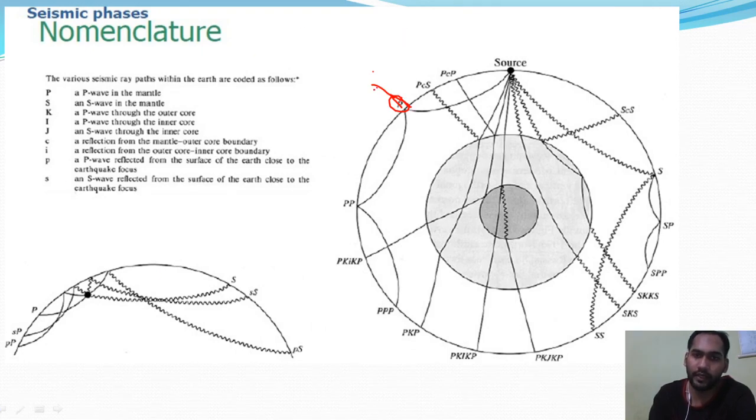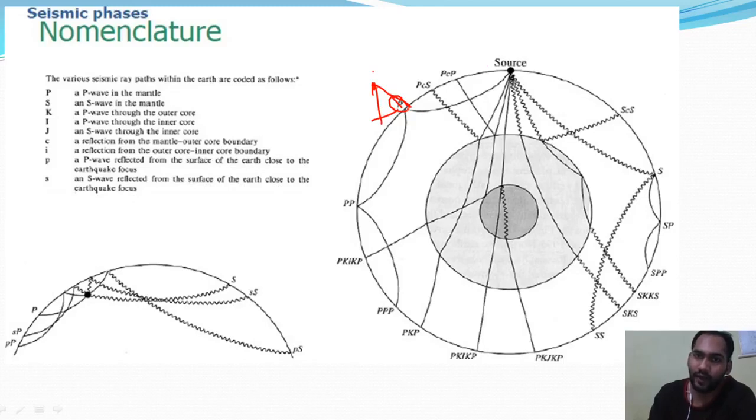Here I am getting the P wave coming directly from the source. It is traveling in the mantle, and reached my station number 1. So it is named as P only.